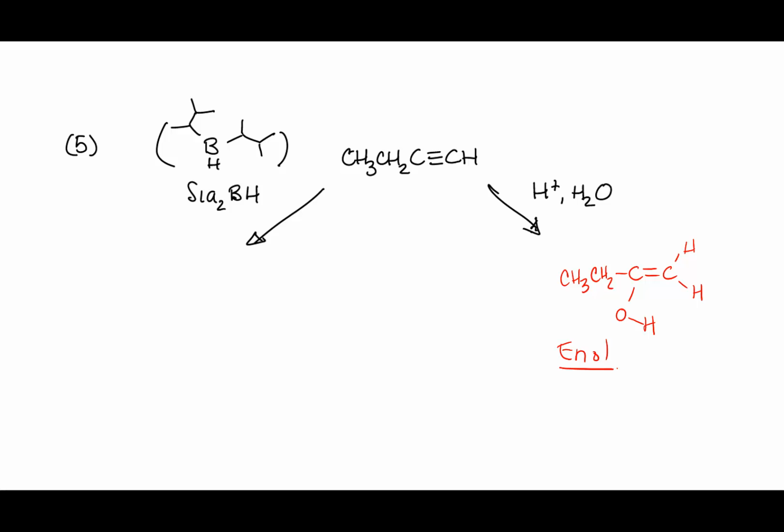And the rearrangement reaction, the arrows look like this. We take this pair of electrons to form the carbon-oxygen double bond. We take this pair of electrons from the double bond to bond the hydrogen to the carbon, so that we end up with a C double bond O. The hydrogen that was attached to the oxygen is now attached to the other carbon that was in the carbon-carbon double bond.